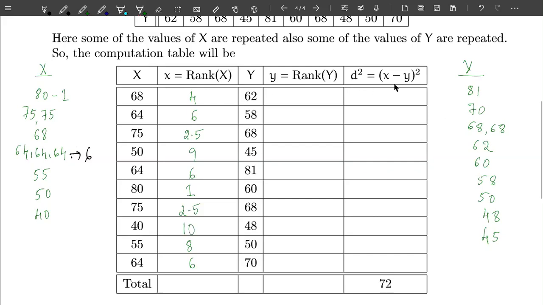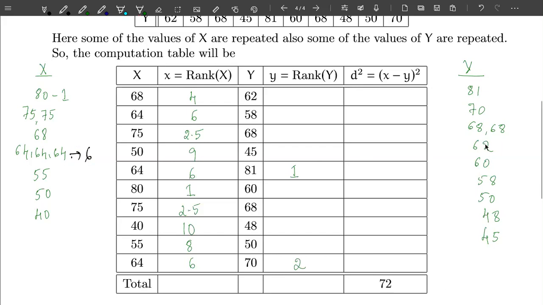Now let's see how to assign ranks in case of Y. In case of Y, 81 is the highest number here, so 81 will get first rank. Then you have 70. 70 will take second rank.